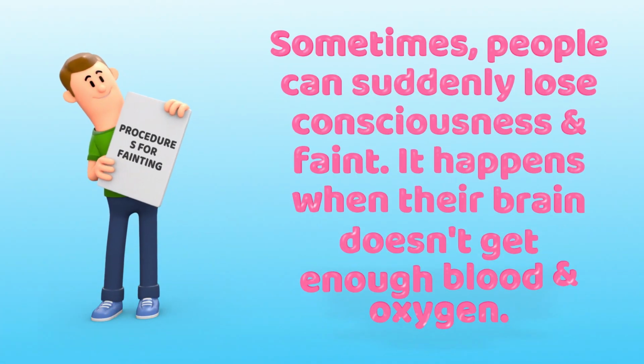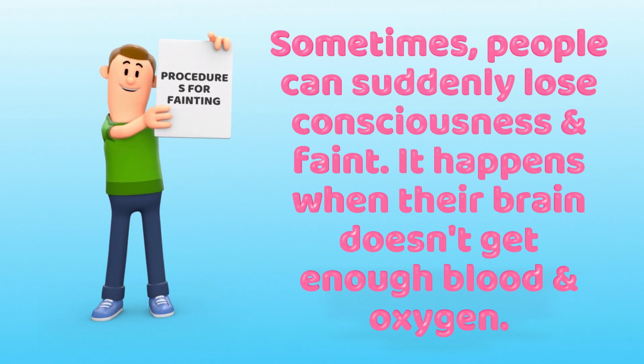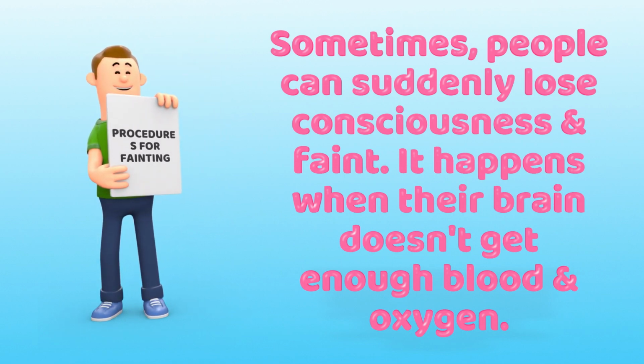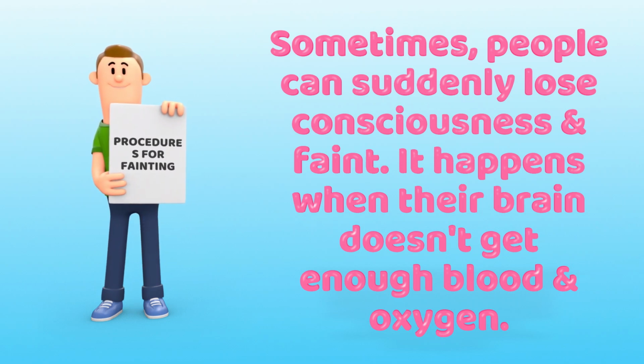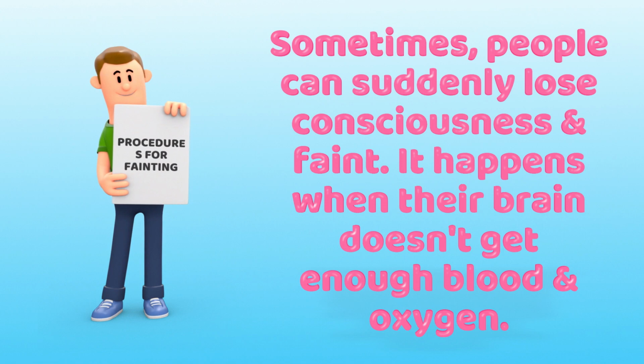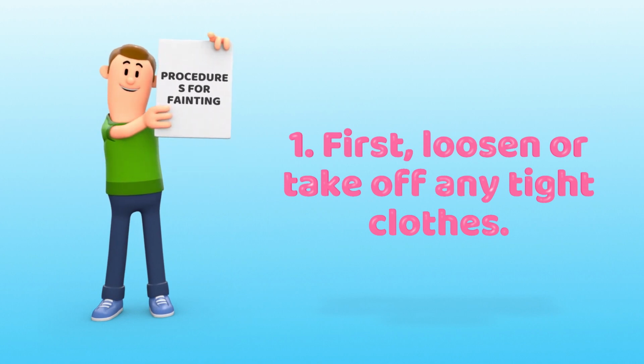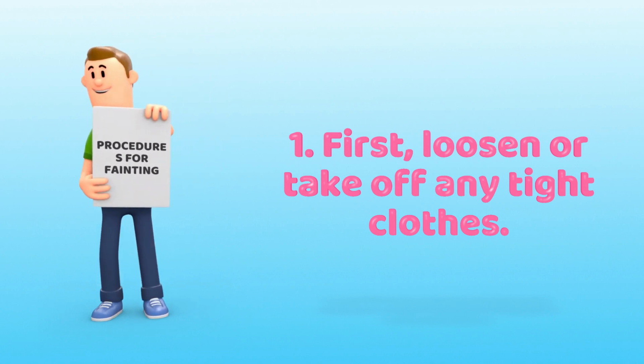Okay, as we have seen from the previous slide, people might lose consciousness and fall down because of lack of supply of oxygen and blood to their brain. Now, when that happens, try to do the following.